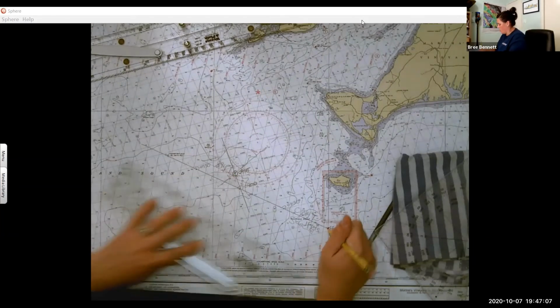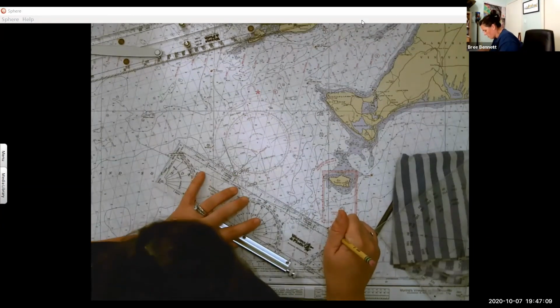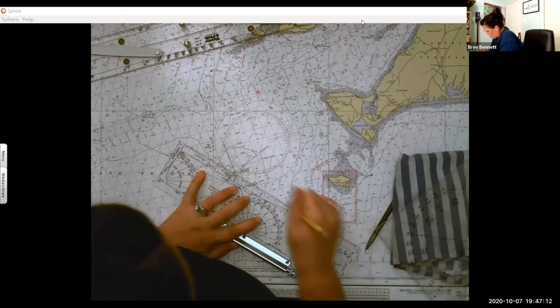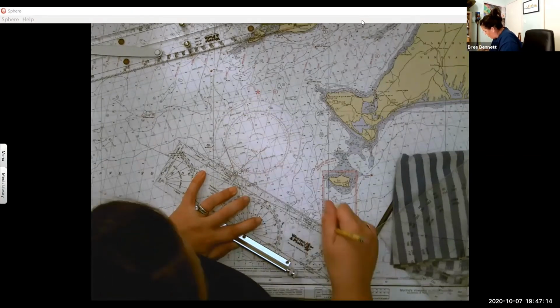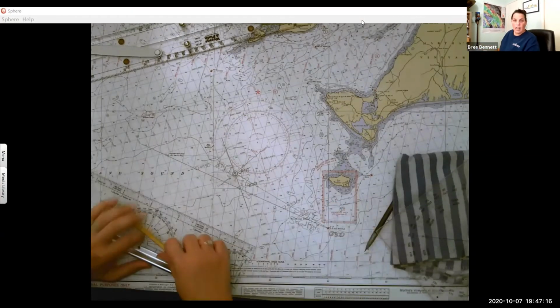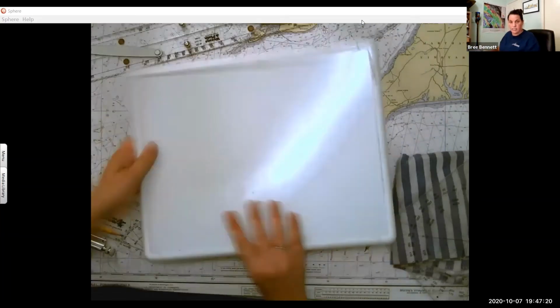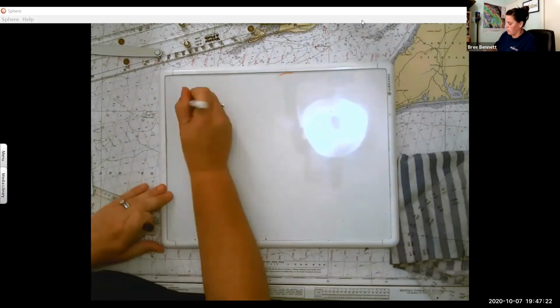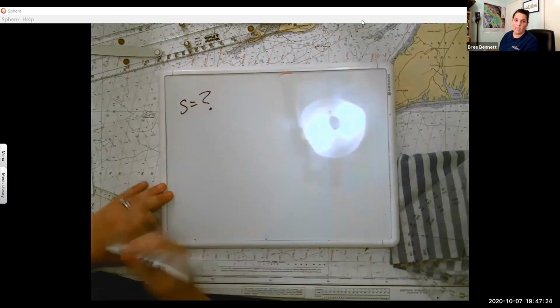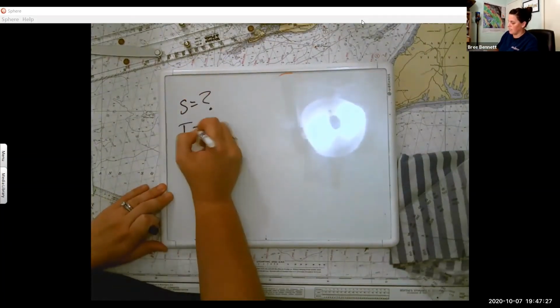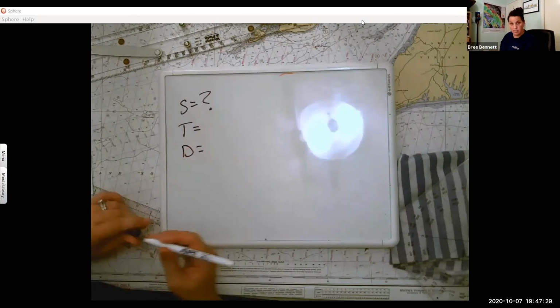So I'm going to connect those, and I'm going to measure the distance. So they are asking us for speed. That's the question. So I need to know what my time is and what my distance is.